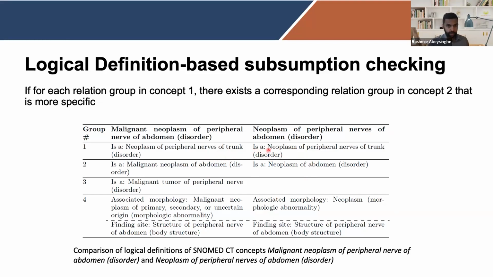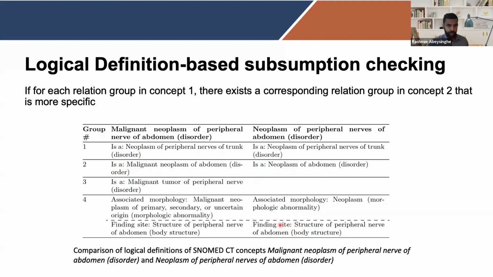So, for instance, for this particular concept, if you consider the first group, they're pretty much the same. But in the second one, they're not the same, but they have the same relation, finding site. And the value, neoplasm of abdomen, is actually a parent of this malignant neoplasm of abdomen. So in that case, we say that this attribute value pair is more specific than this one.